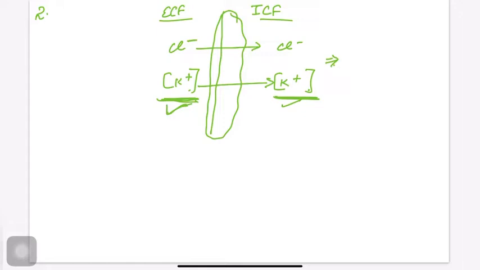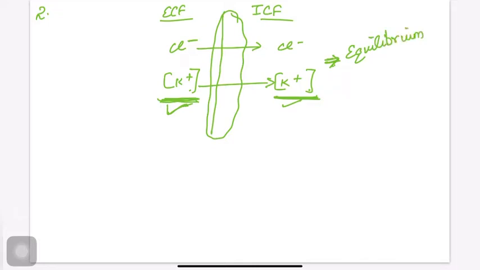As we already said, it will reach the Gibbs Donnan equilibrium state. After reaching the equilibrium state, even though there is asymmetrical distribution of ions, there exists a potential difference across the membrane, which is called equilibrium potential. Please don't confuse it with resting membrane potential. It is different.